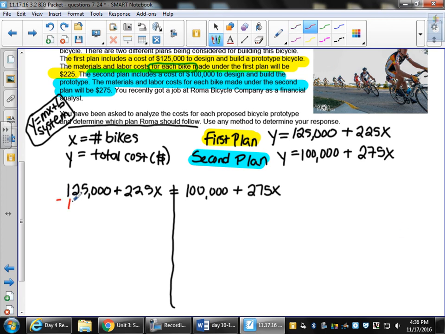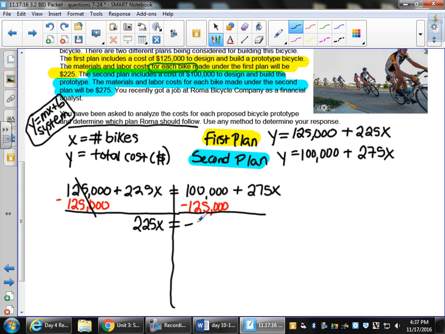I choose to subtract 125,000 from both sides. Minus 125,000, minus 125,000. Okay, line all the way across. Keep it nice and neat. 225x equals, let's do 100,000 minus 125,000.